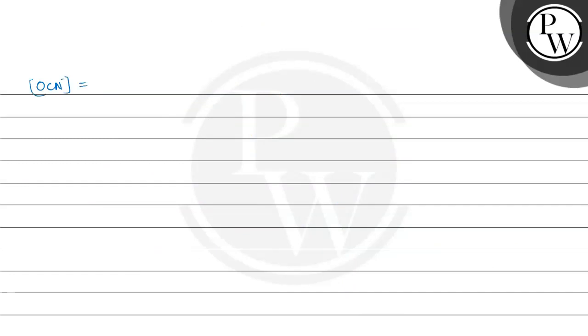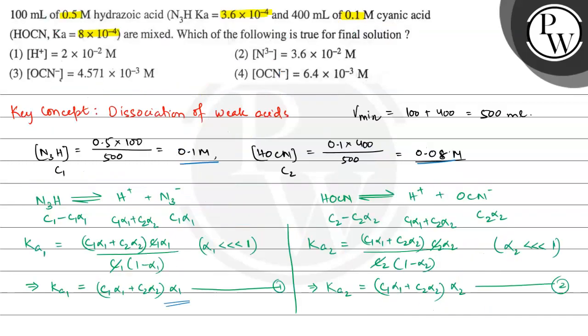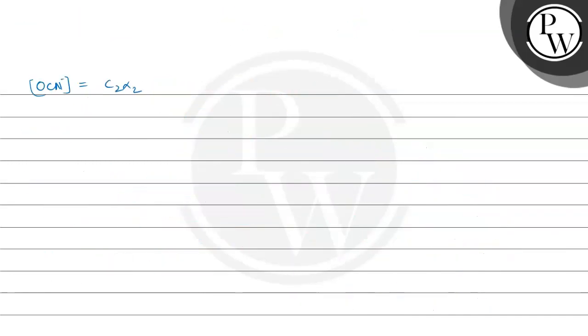So OCN minus concentration is equal to C2 alpha 2, and if we put the value of alpha 2 from equation 2, then this will be equal to C2 multiplied by Ka2 divided by C1 alpha 1 plus C2 alpha 2. Alright, and in place of C1 alpha 1 plus C2 alpha 2 we can put the square root of C1 Ka1 plus C2 Ka2.